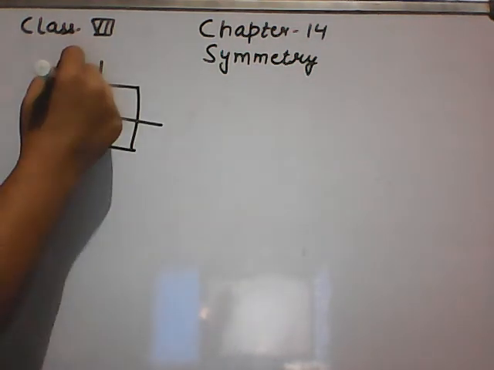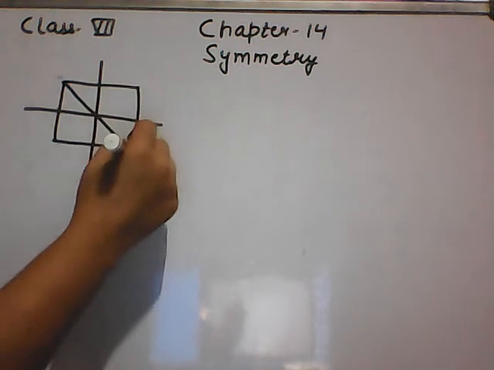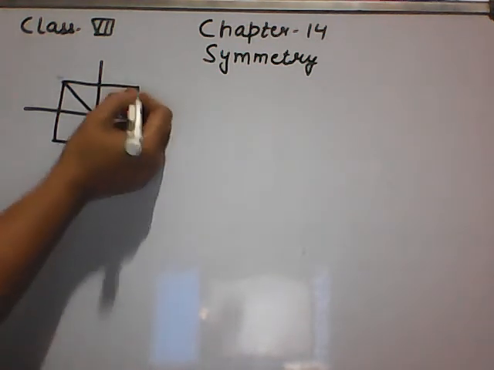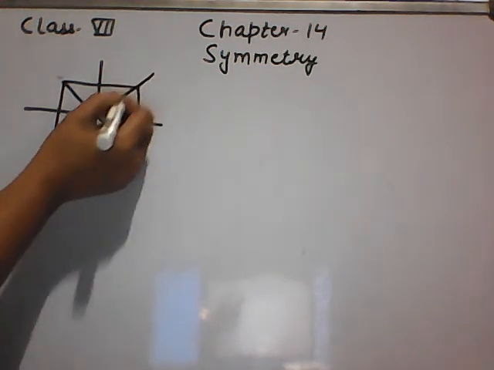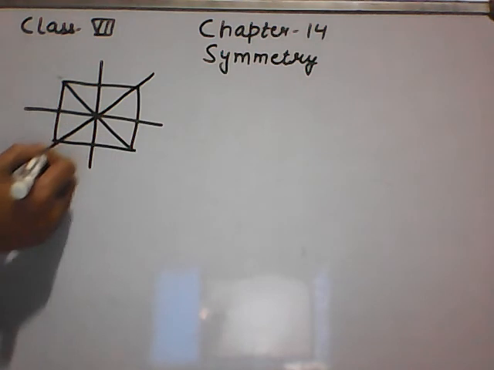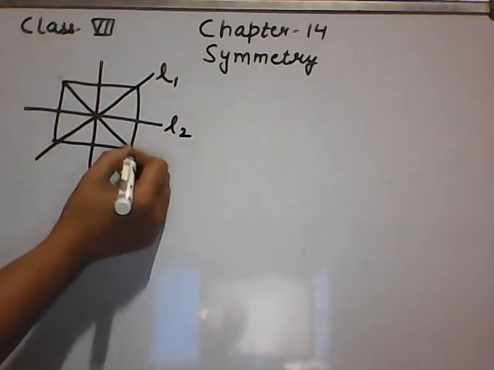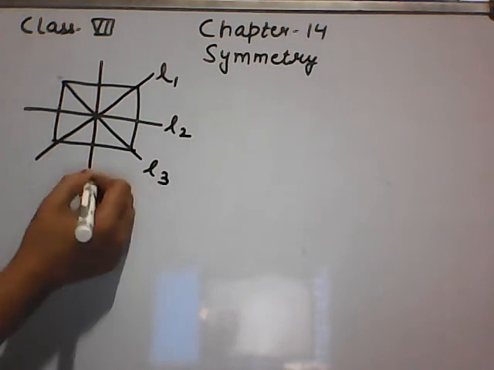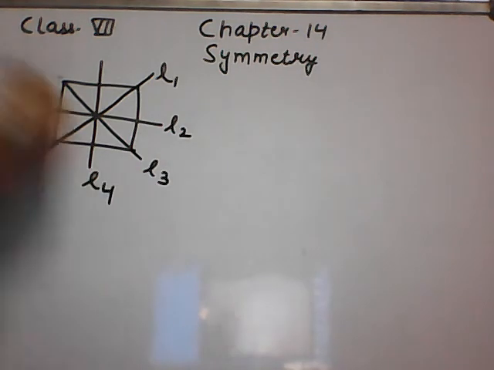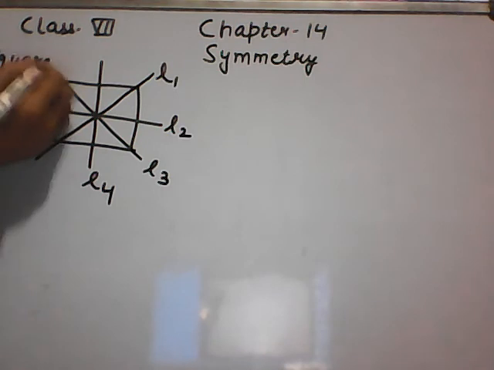If we fold this figure along the diagonals, then these two parts coincide with each other. So this square has four lines of symmetry: L1, L2, L3 and L4.